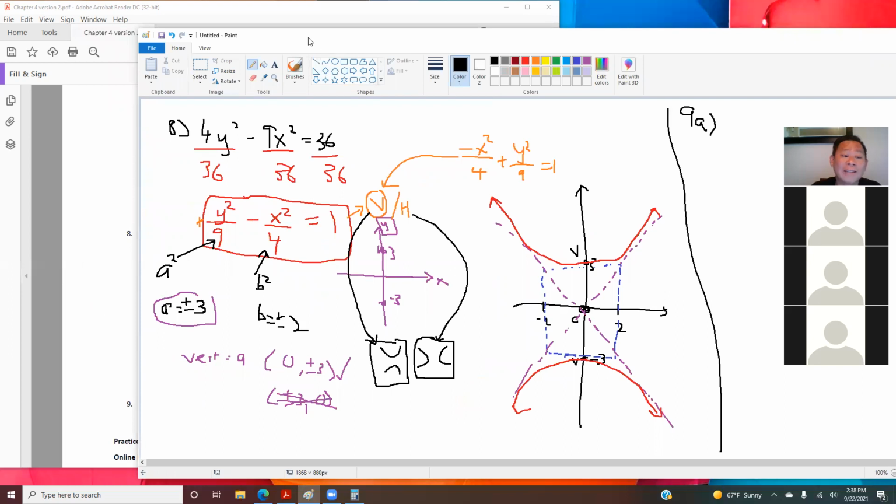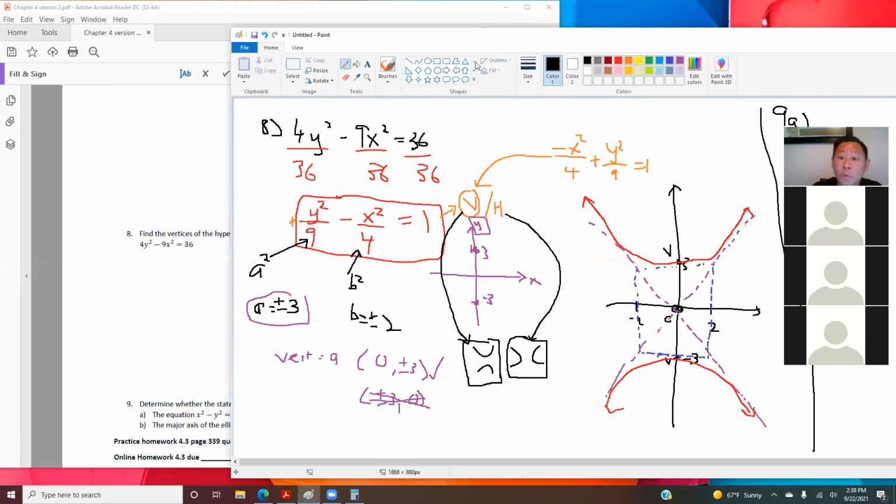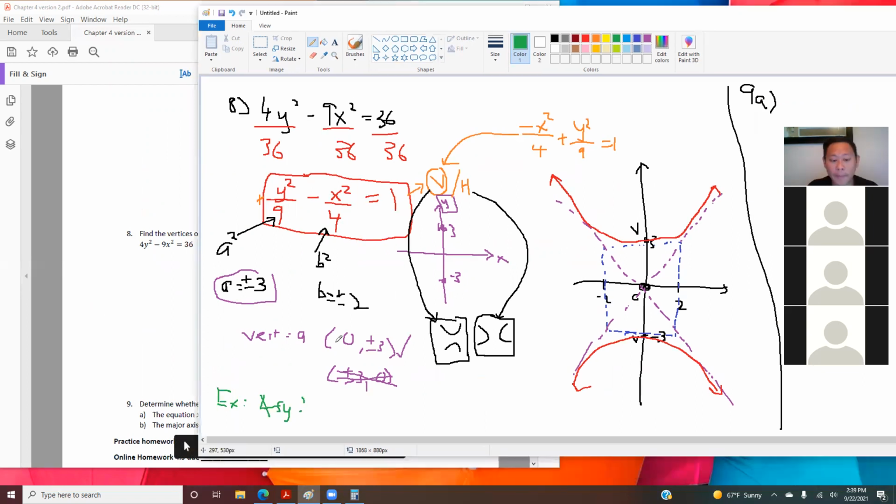The question did not ask us to find the equations of the asymptotes, but if a question wants you to, this is extra. What is the equation of the asymptote? y equals plus minus something. Is that 3/2 or 2/3? 3/2.